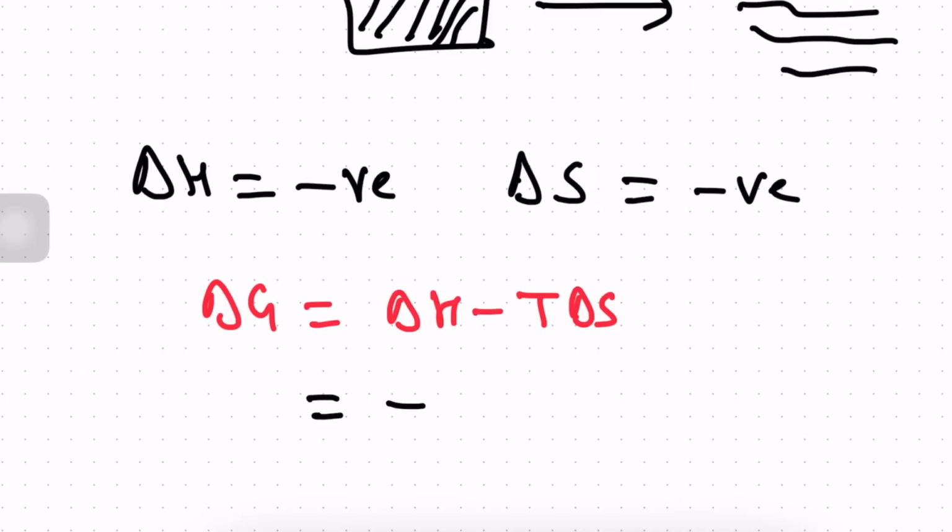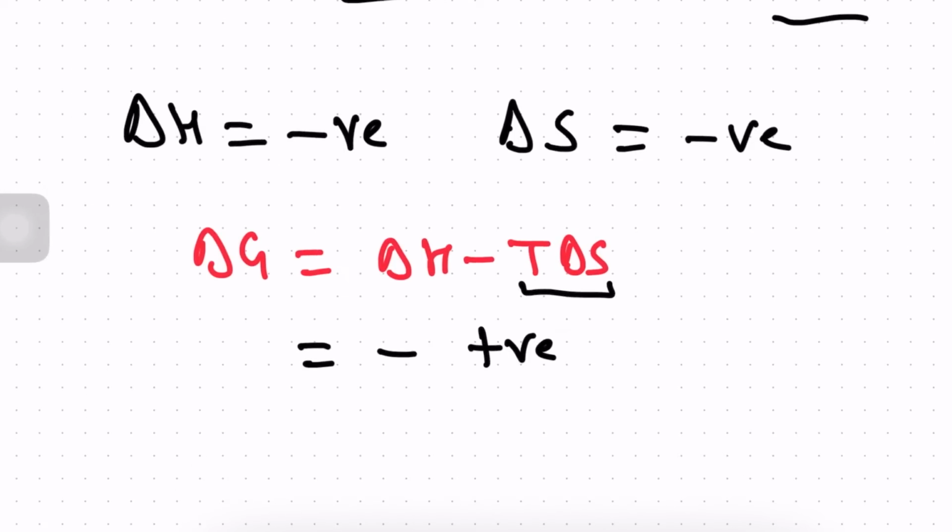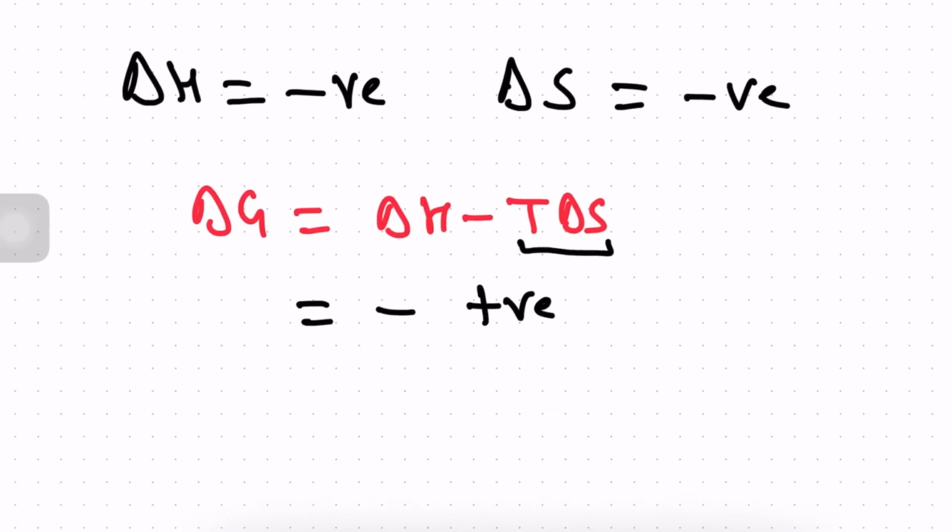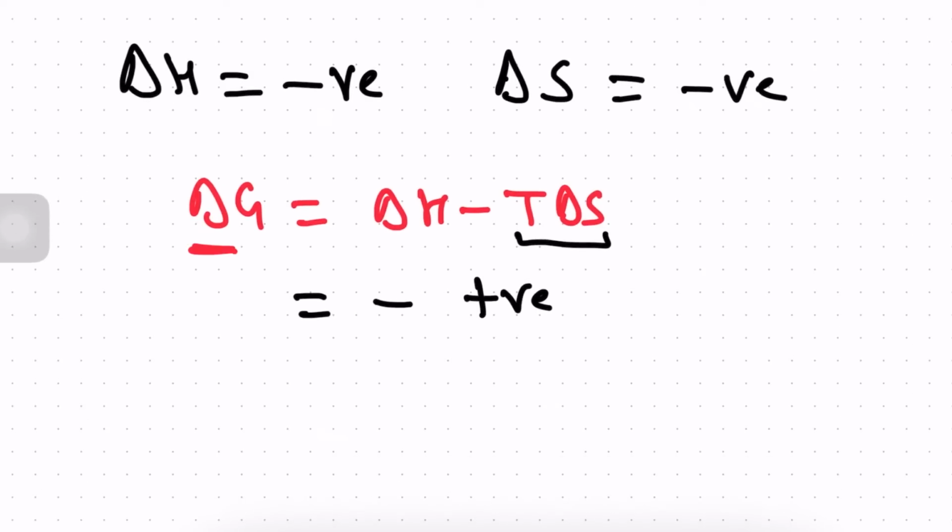Okay, so this is, let's suppose, negative. And let's suppose it is, now your T delta S will be positive. Now here you have to see in which condition the reaction is going to have delta G value negative. If you see this delta G value, it can be negative when this delta H value is more negative.